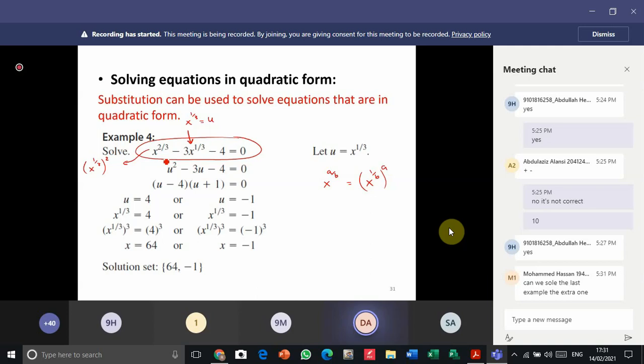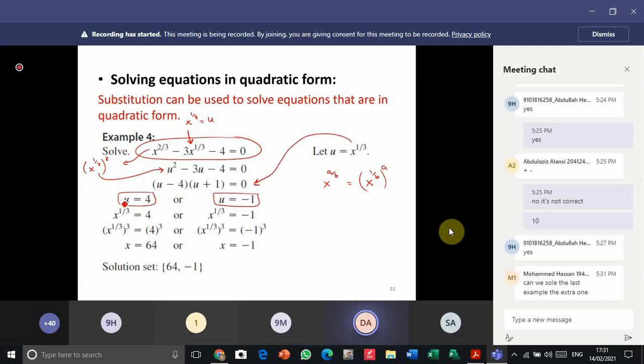So we have y square, sorry, u square minus 3u minus 4. By factorization, we have negative 1 and plus 1, so u equal 4 or u equal negative 1. But u, we must replace by x.